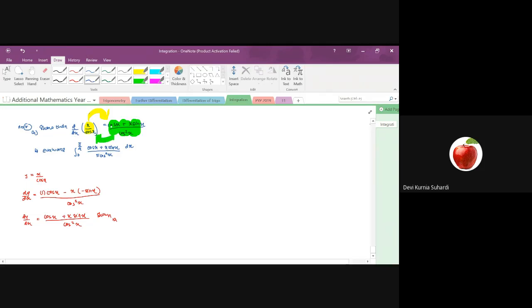So therefore the integration of cosine x plus x sine x over cosine squared x dx shall give me x over cosine x. Okay, so let's apply the upper and lower limit. So this is 0, this is pi over 4.